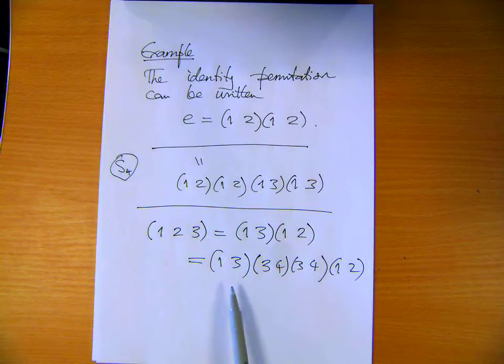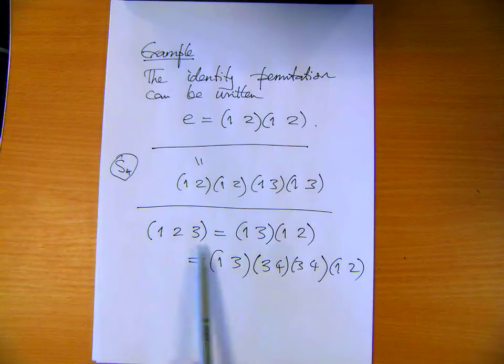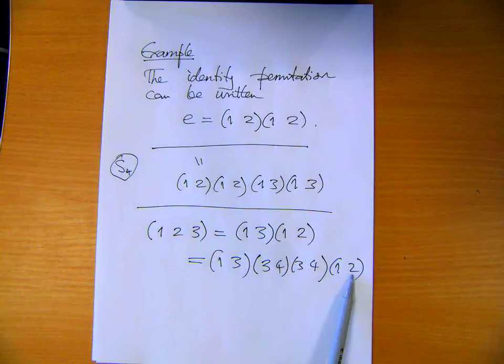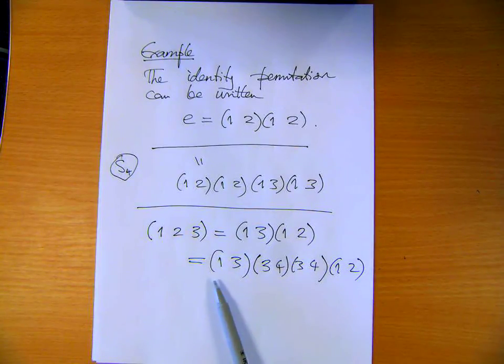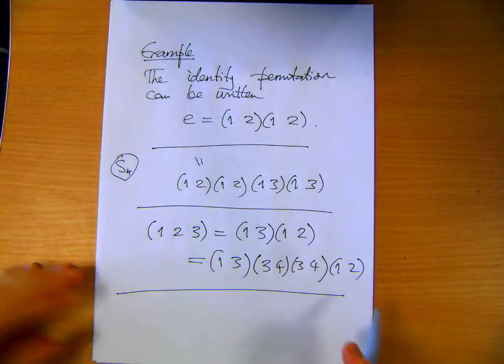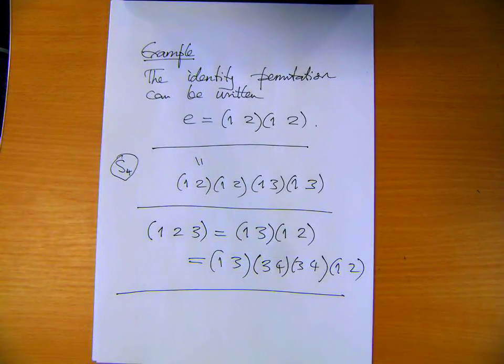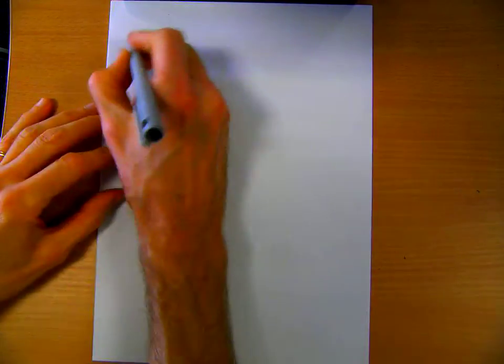I can never write it as the product of 17 transpositions. So once I know I can write a permutation as a product of an even number of transpositions, you can never write it as a product of an odd number of transpositions. And that's a theorem, and that means that permutations are classified into even permutations and odd permutations according to whether they can be written as a product of an even number of transpositions or an odd number of transpositions. So this is a very important theorem.